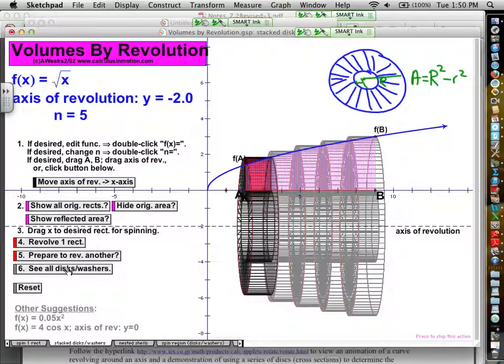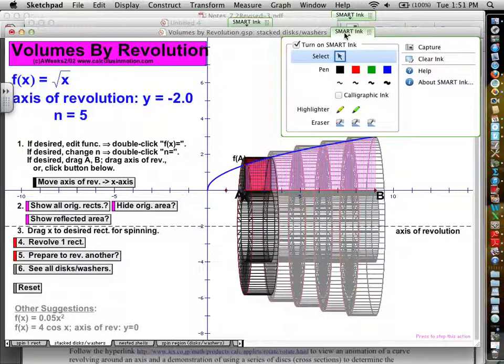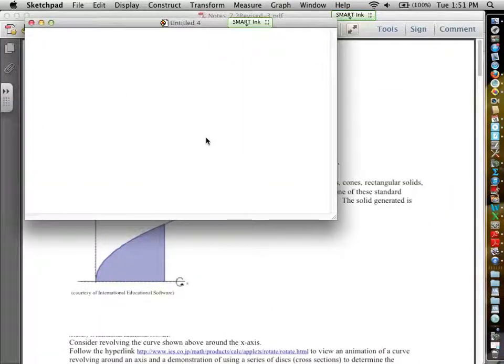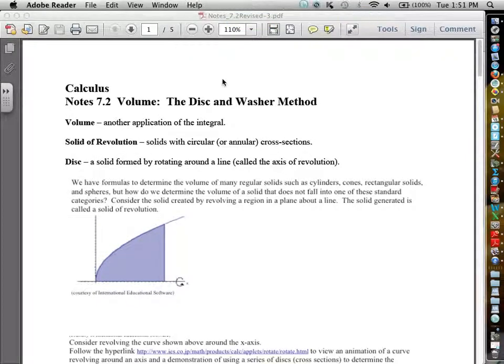If you were finding area, you did something like pi big R squared minus pi little r squared. You found the area of that piece that was left. So we're going to do the same thing. It's going to be a big radius squared and a small radius squared.